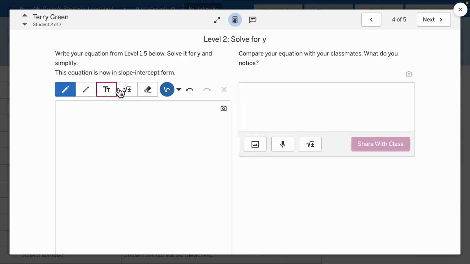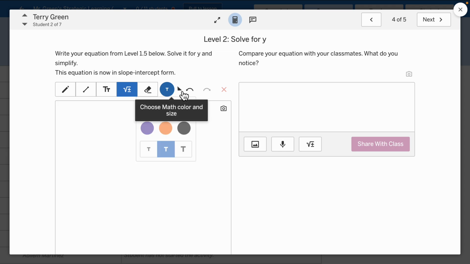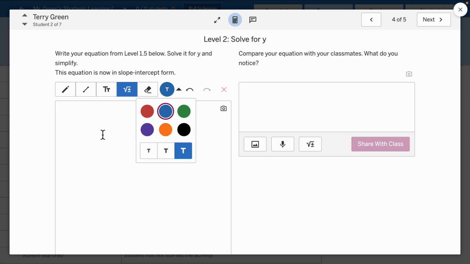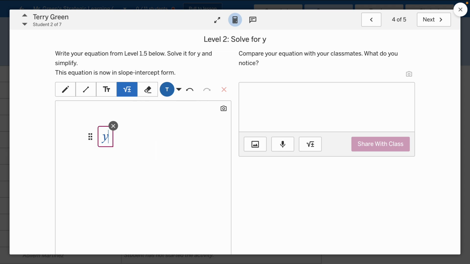Now I need to take that same equation. It says write your equation from level 1.5 below, solve it for y, and simplify. So my equation was y minus 10 equals 3x minus 21.